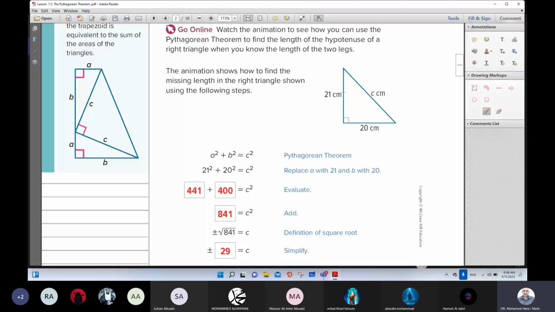We want to find the value of C. To find the value of C, you can use the Pythagorean theorem: a squared plus b squared equals c squared. This is A, this is B, and this is C.